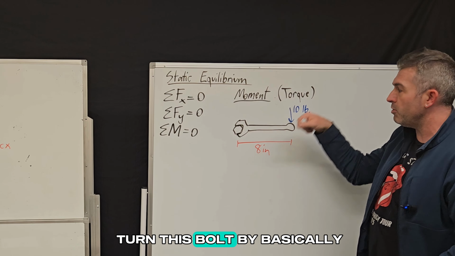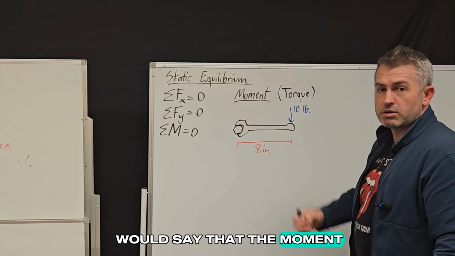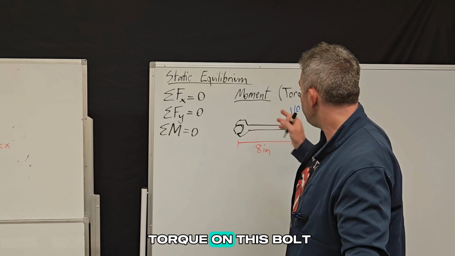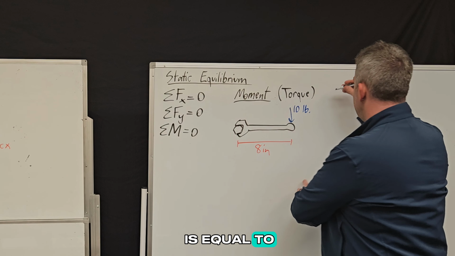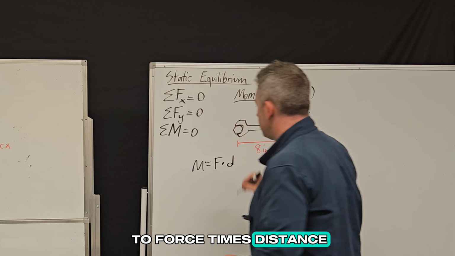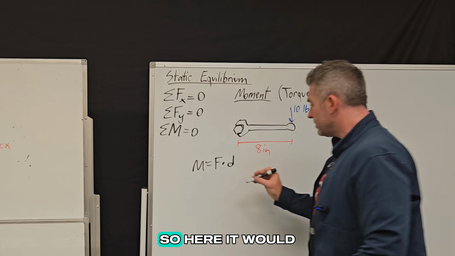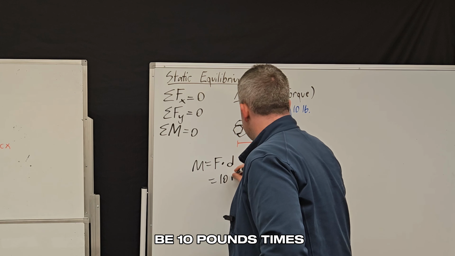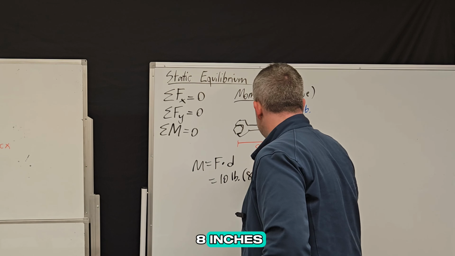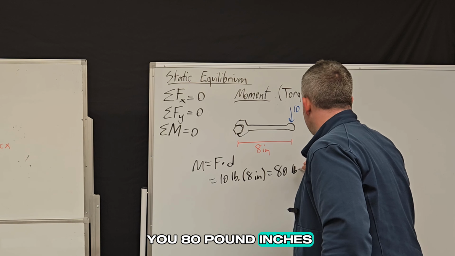So you're trying to turn this bolt by basically pushing downward. Well, we would say that the moment, or if you will, torque, on this bolt is equal to, so moment is equal to force times distance. So it would be the force that you apply times the distance to that bolt. So here it would be 10 pounds times 8 inches, and that would give you 80 pound-inches.